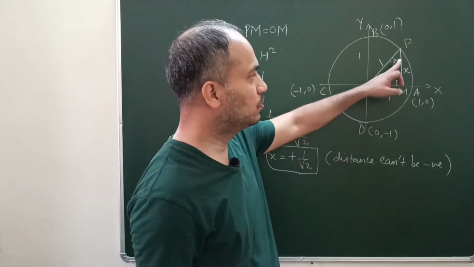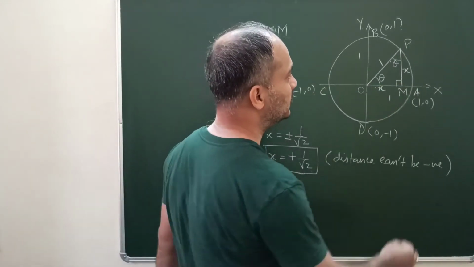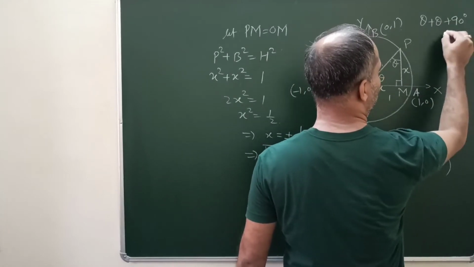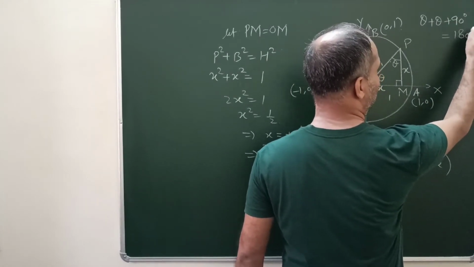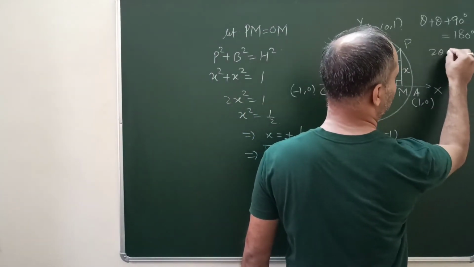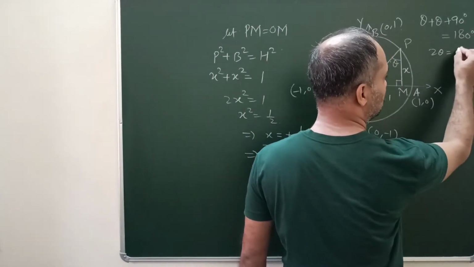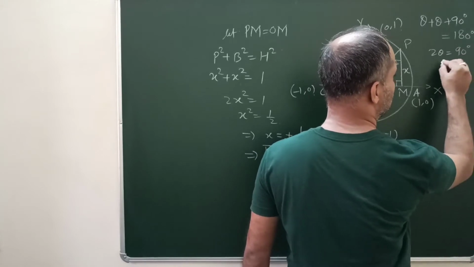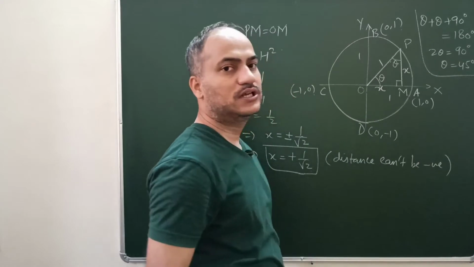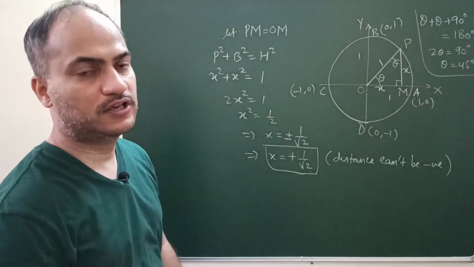Now by the angle sum property, theta plus theta plus 90 degrees is equal to how much? 180 degrees. So let us simplify. 2 theta is equal to 90, so theta is equal to 45 degrees. So we get that this angle will be 45 degrees.